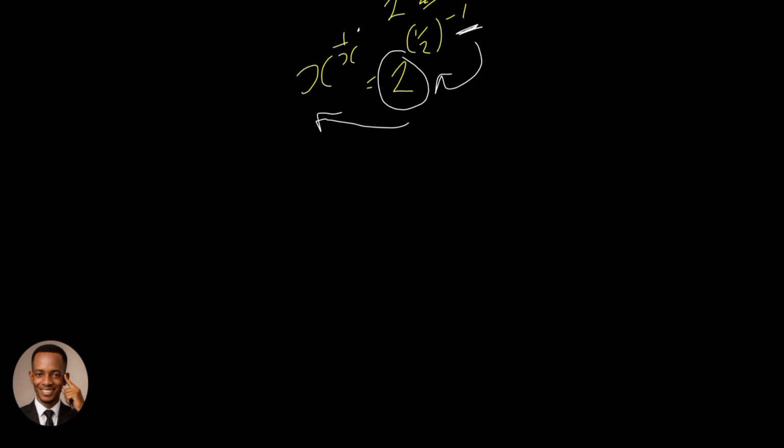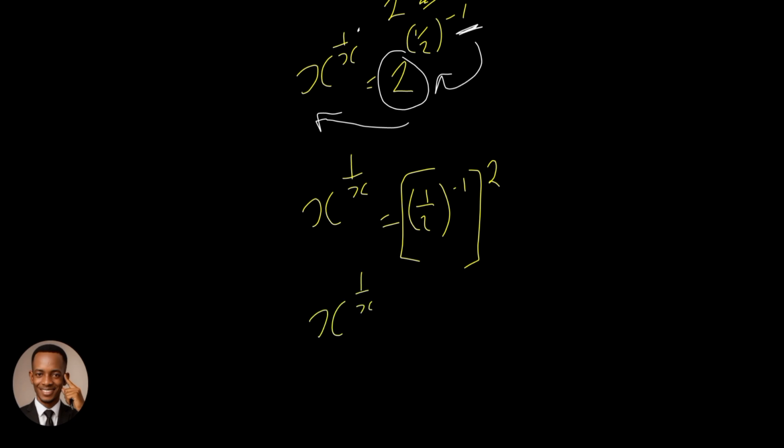Therefore, we'll have x to the power of 1 over x equals, instead of 2, we express 2 as 1 over 2 to the power of minus 1, all to the power of 2. Yes, now instead of converting the power, we have converted the base to a fraction. Therefore, we can rewrite this as x to the power of 1 over x equals 1 over 2 to the power of minus 2. Yes.